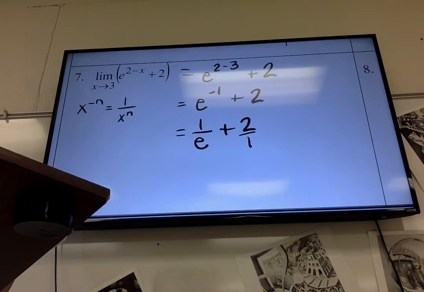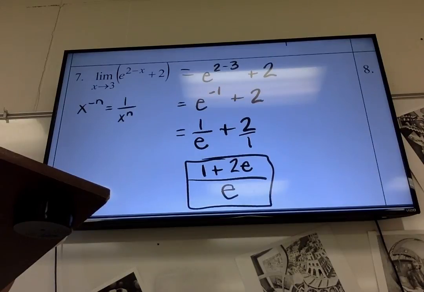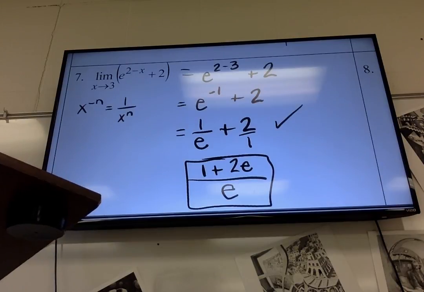So you say 1 times 1 is 1, plus 2 times e is 2e, over e times 1, which is e. Now, it's not that the one above it is wrong. It's just that when you're looking through the multiple choice answers, it's probably going to be in that form, the one that's boxed.